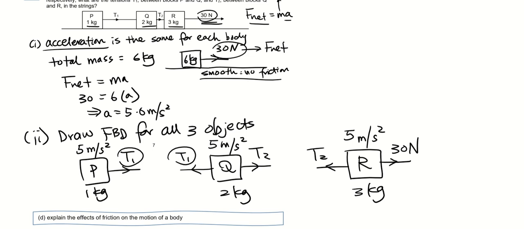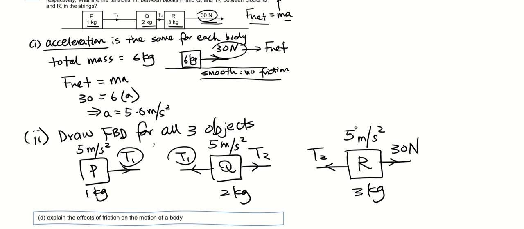If you are unsure why the free body diagram is drawn for the objects like this, please ask me. Just recall that a free body diagram is showing all the forces acting on the body. So now I'm going to solve for P. Why? Because for P, there's only one force.